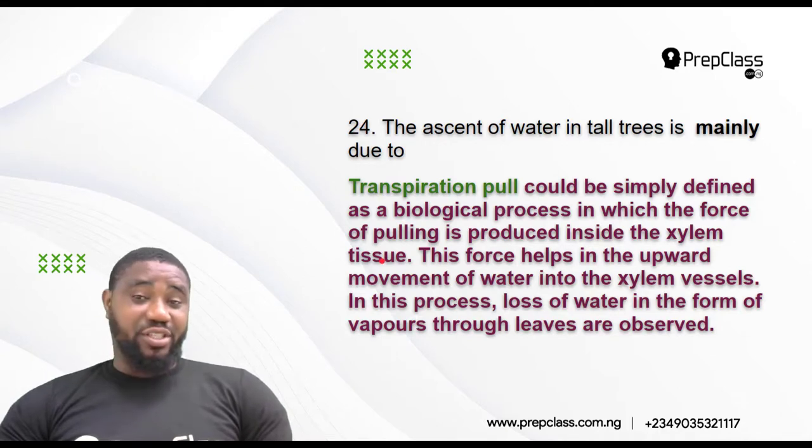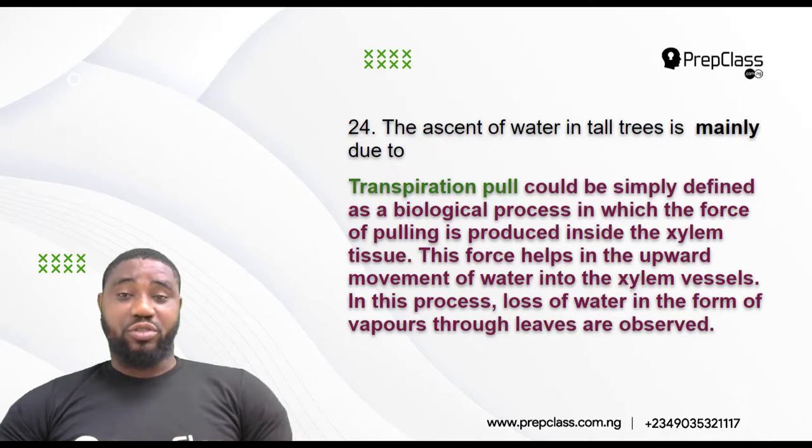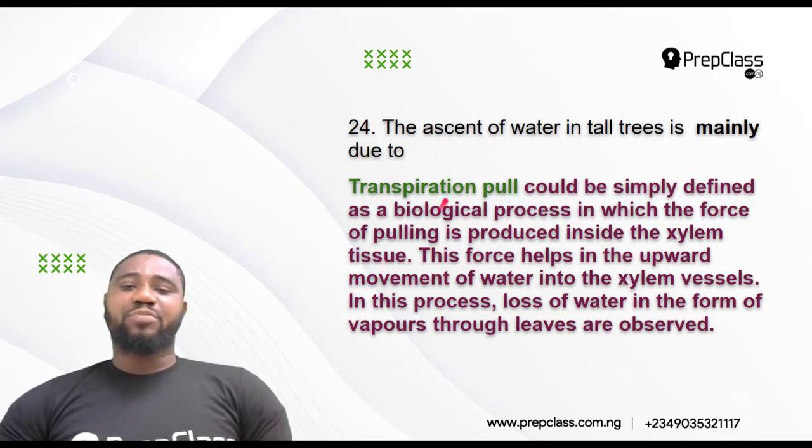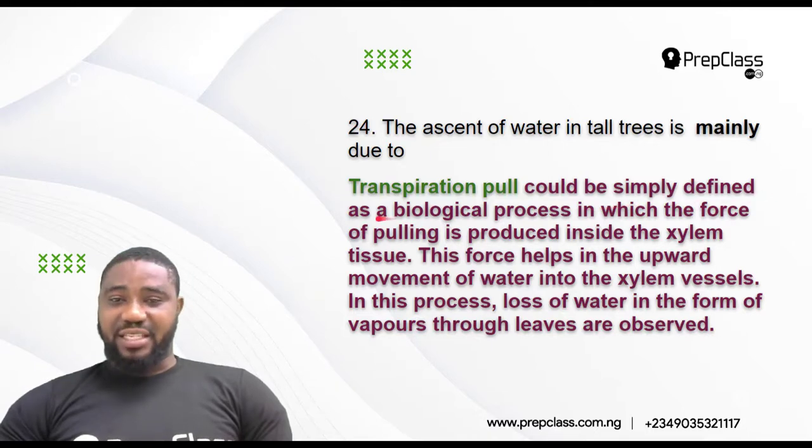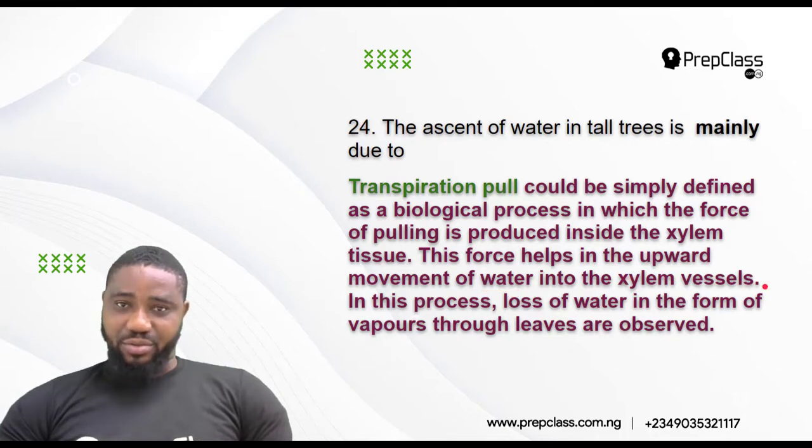The phloem is the tissue for conducting what? Food produced by photosynthesis. The phloem conducts food from the leaf through the stem to the roots, but the xylem conducts water from the roots through the stem to the leaves. So transpiration pull could be defined as the biological process in which force of pulling is produced inside the xylem tissue. This force helps in the upward movement of water into the xylem vessels.